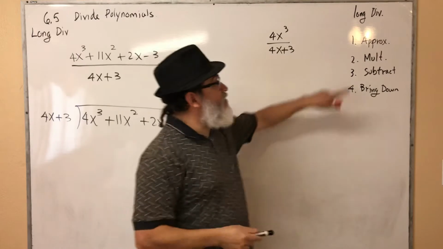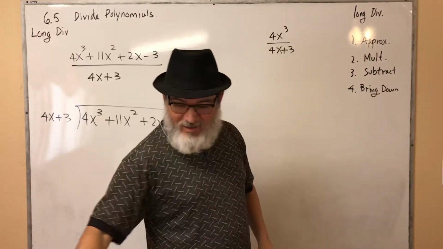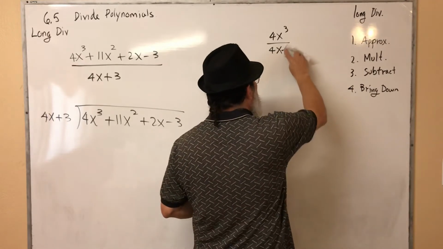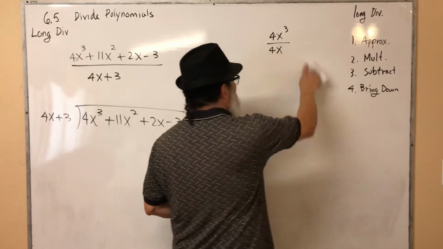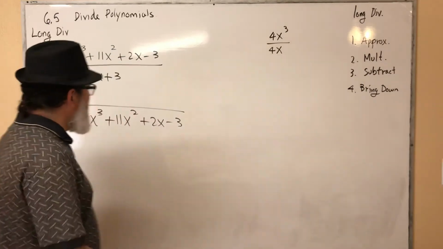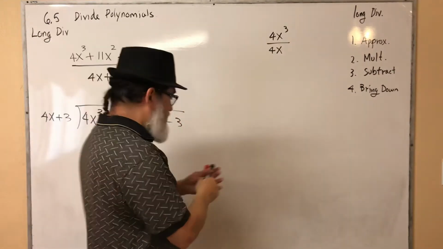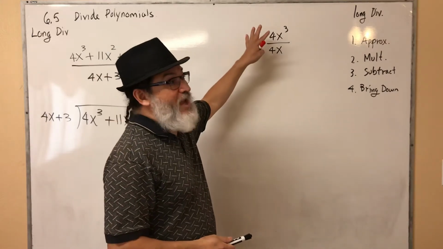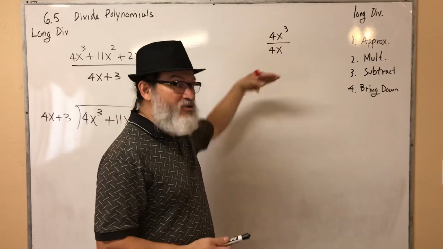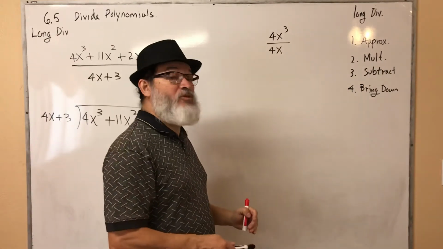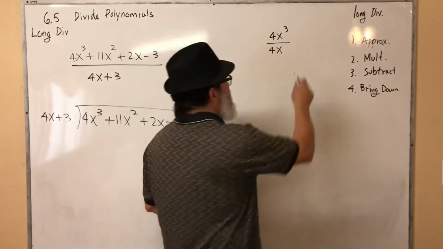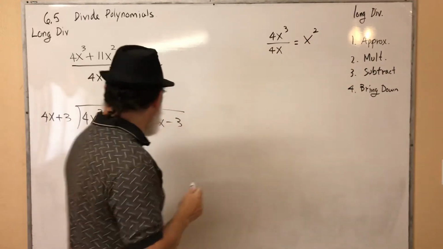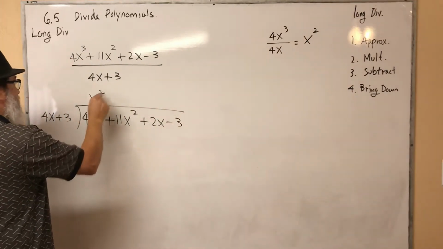But we want to approximate, so we can drop the 3. You can't divide 4x cubed by 4x plus 3, but if you drop the 3, it is possible. So the 4's cancel, we get x squared.